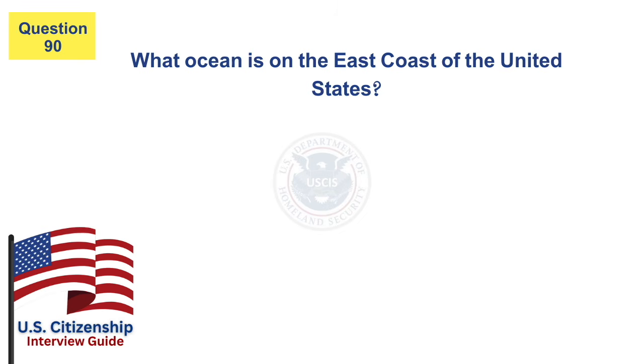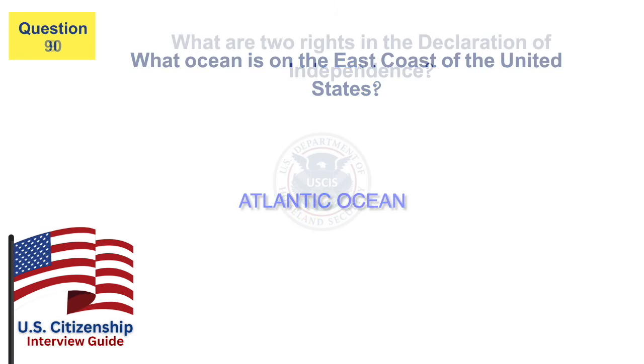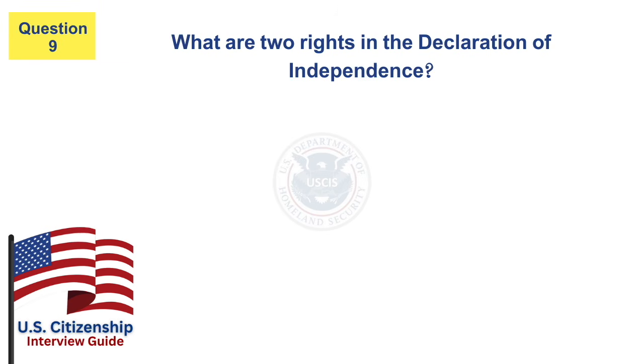What ocean is on the east coast of the United States? Atlantic Ocean. What are two rights in the Declaration of Independence?